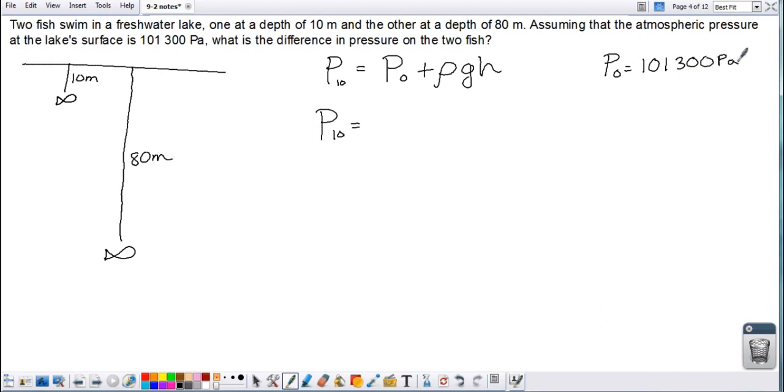So we can go ahead and substitute that in. The density, it says it's a freshwater lake. This is one of the values that we need to memorize. The density of water is 1,000 kilograms per cubic meter, so we can go ahead and substitute that in.